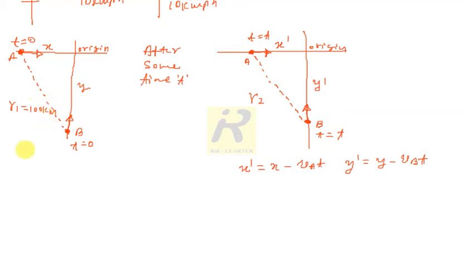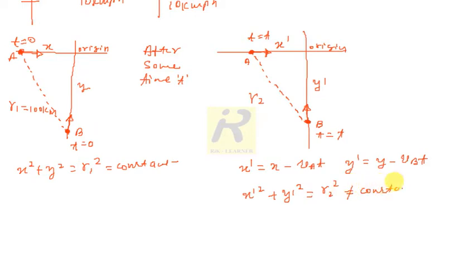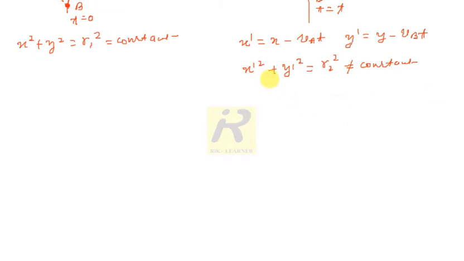And here I can apply the Pythagorean theorem, that is x square plus y square equals R1 square, which is a constant. Here I can simply write x dash square plus y dash square equals R2 square. This is not a constant, right? So now I substitute for x dash and y dash from these.